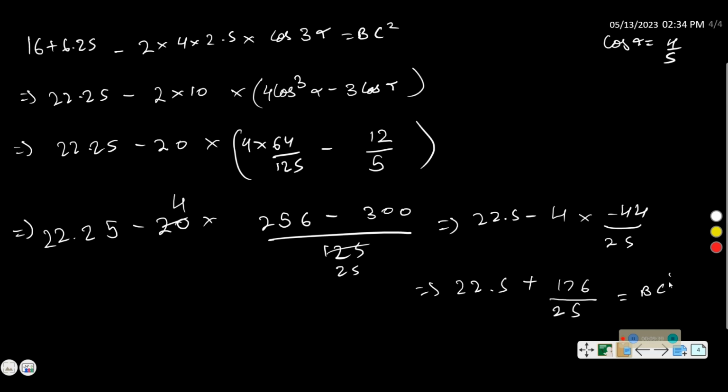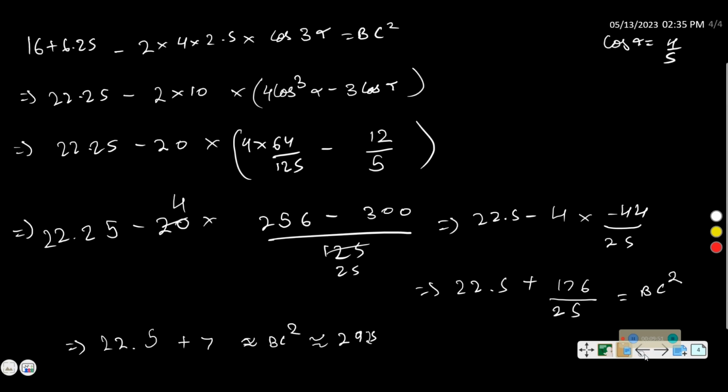176 by 25 is approximately 7. So 22.25 plus 7, BC square is approximately 29.25.